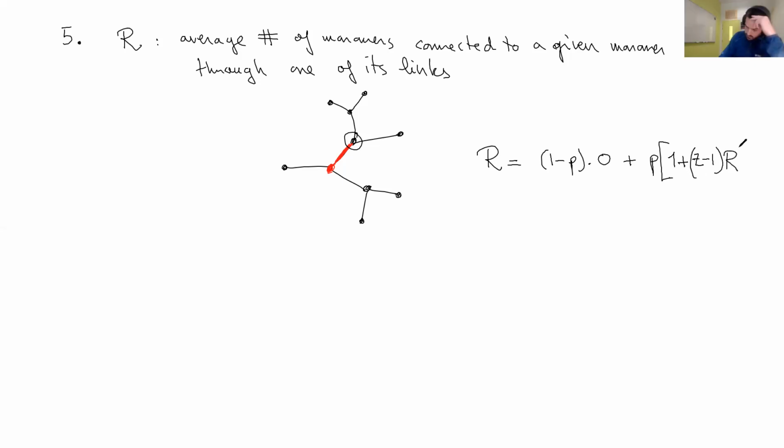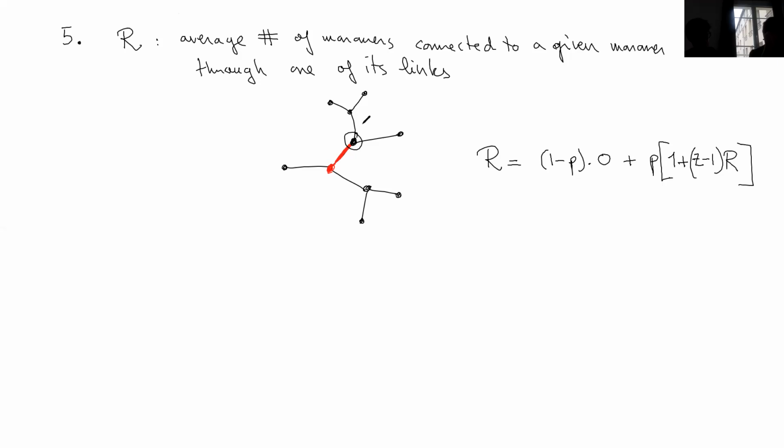Exact. Thanks. So let me re-express what you said. So the average number of monomers that are connected to this guy through this link is 0 if this bond doesn't exist. Or if it exists, that is why there is a probability P to activate it, first, there is one more.